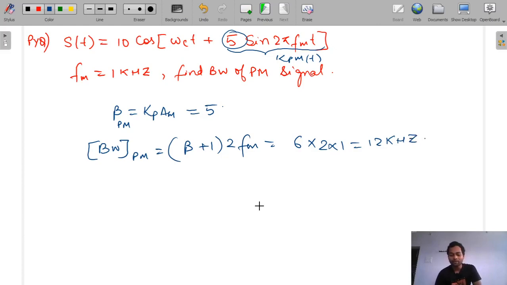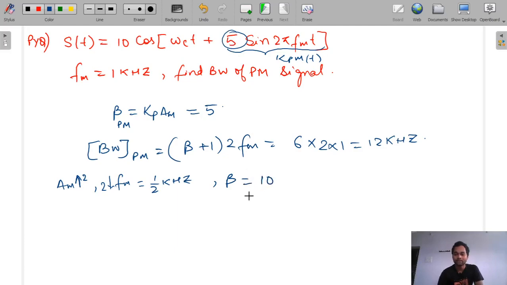Now one more extension we are doing. Let's suppose amplitude is increased by 2 times and frequency is decreased by 2 times, so that is equal to half kilohertz. So what will be our beta? Beta will be 5 into 2 because amplitude is increased. So Kp Am is 10. Beta became 10.